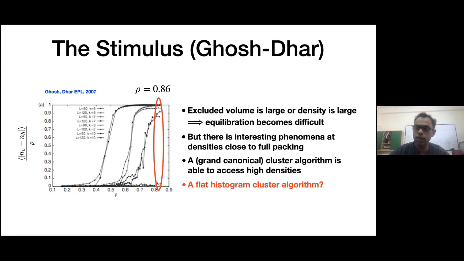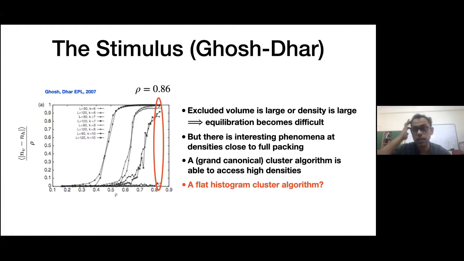It is restricted to any system of particles when the excluded volume becomes large or the density becomes close to full packing. But a lot of the interesting physics is near densities close to full packing, which is when you have a second transition and so on.